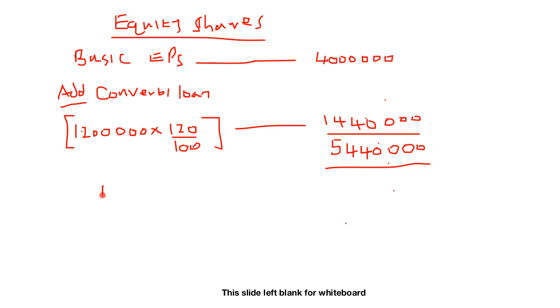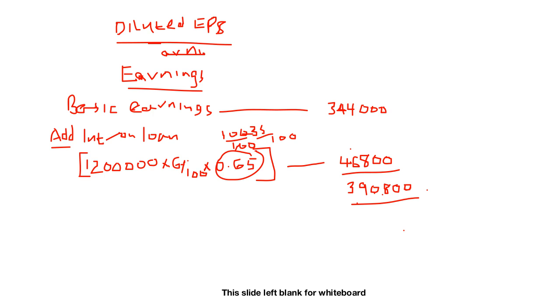Now, therefore, the diluted earnings per share will be given by the quotient between the earnings that we had got in our previous slide. Maybe I can show that.